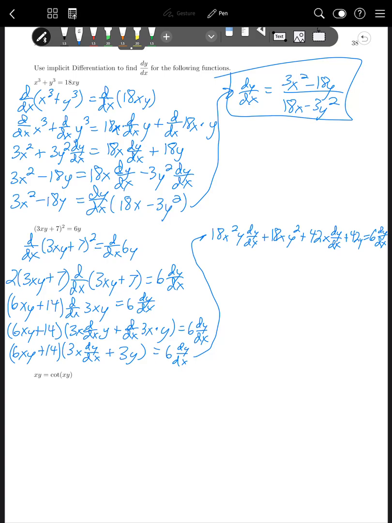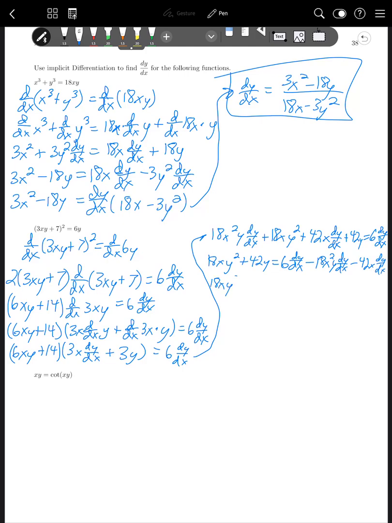So I'm going to subtract the dy/dx terms over to the right-hand side. So this would be 18xy squared plus 42y equals 6 dy/dx minus 18x squared y dy/dx minus 42x dy/dx, and then factor out the dy/dx.